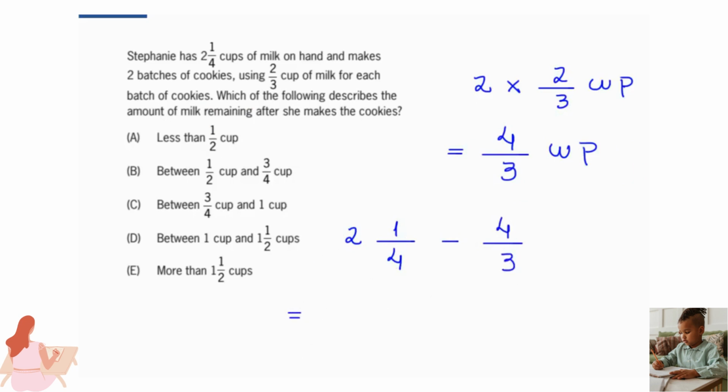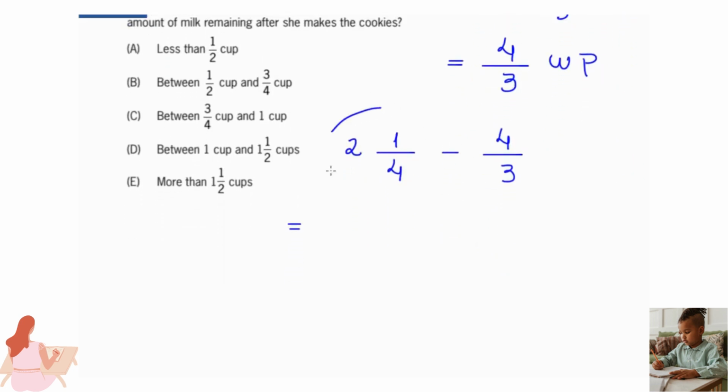Okay, to perform this subtraction, we put this mixed fraction in a non-mixed form. To do that, it's easy. We just keep the denominator and multiply the integer part by the denominator. So 2 times 4 is 8, and after that we add the numerator. 8 plus 1 is 9.